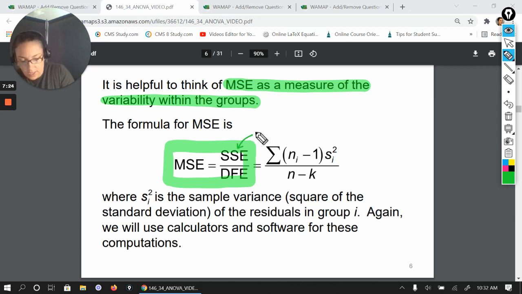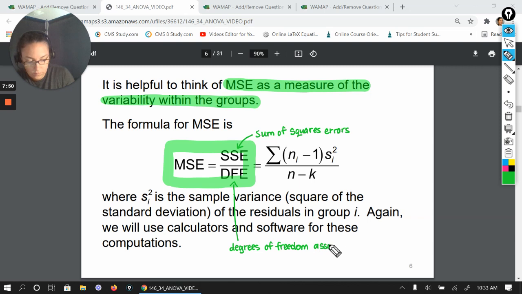SSE represents the sum of squares for the errors, and the degrees of freedom, DFE, is the degrees of freedom associated with the errors. And we calculate that using n minus k, so the sample size minus the number of groups.